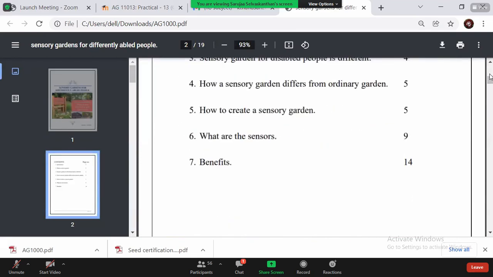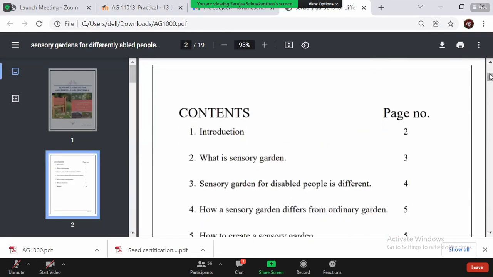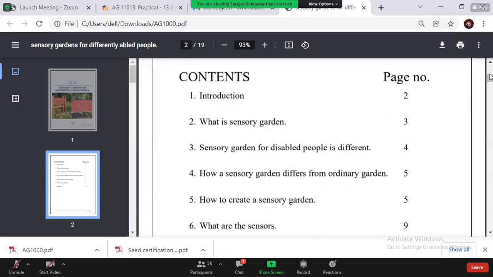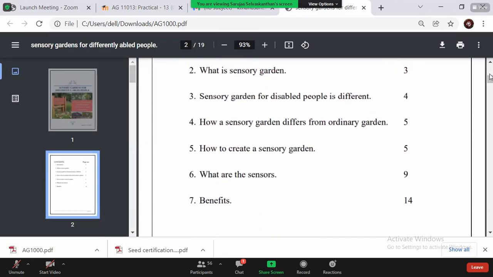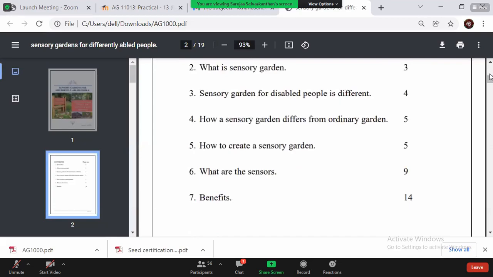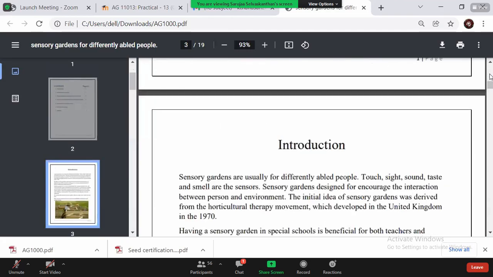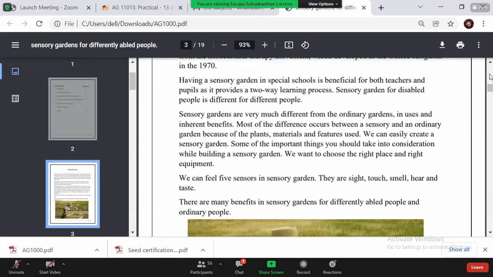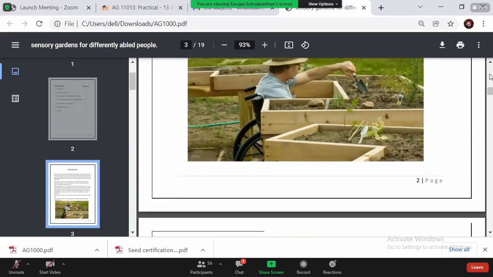You want to include the contents here. What are the contents? The introduction and the body parts also. You want to include that in the contents. After that, the summary and references, all the things you want to include. These are some introduction related to the sensory garden.